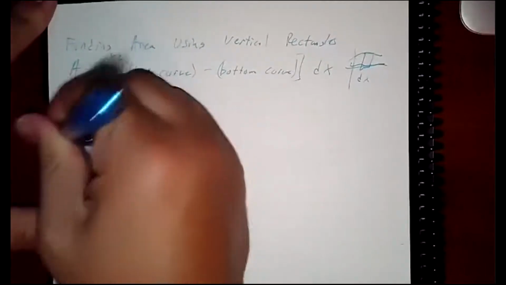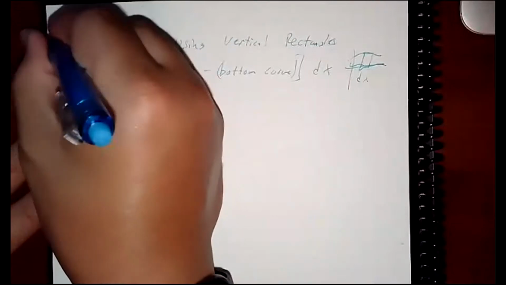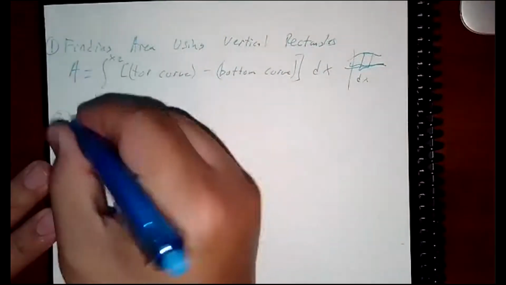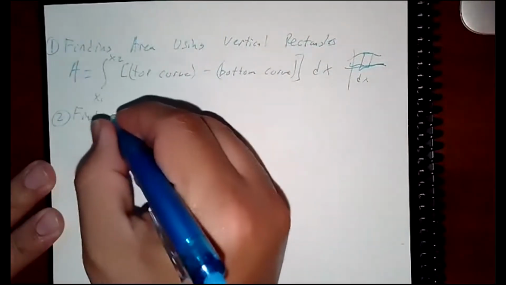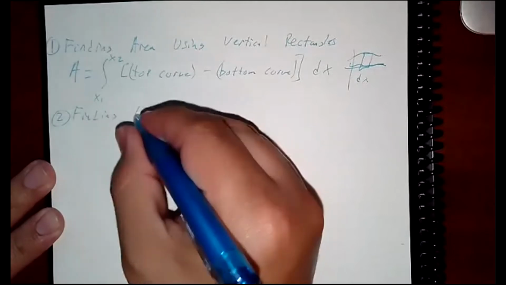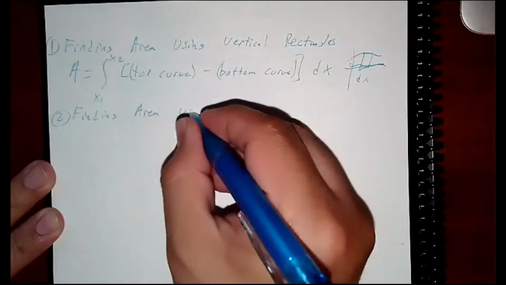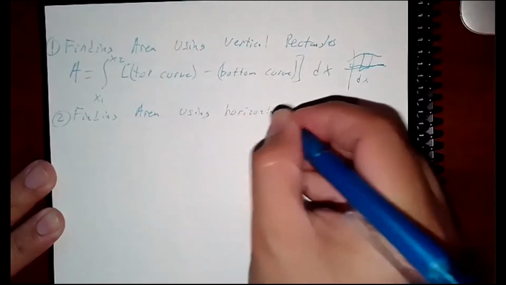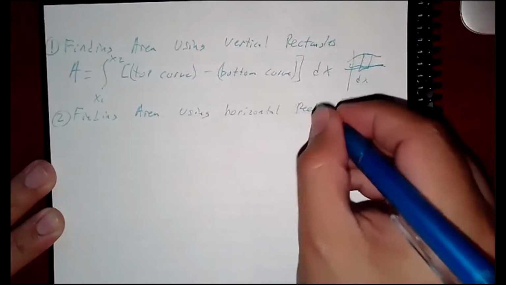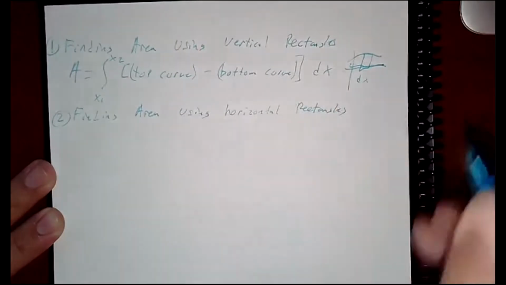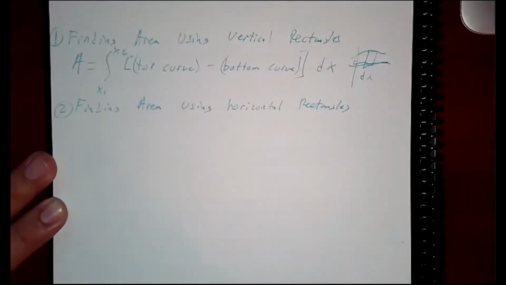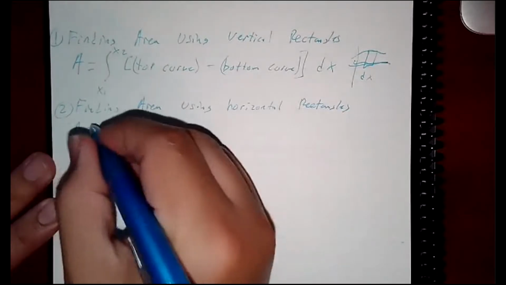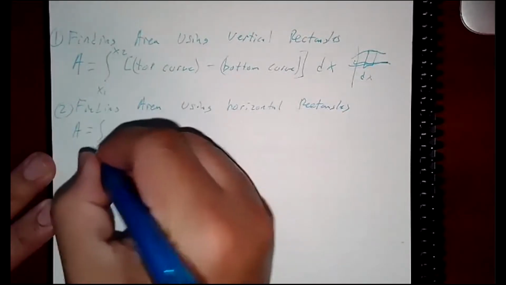Now, let me write the title here. Finding area using horizontal rectangles. A will equal the integral from y1 to y2.